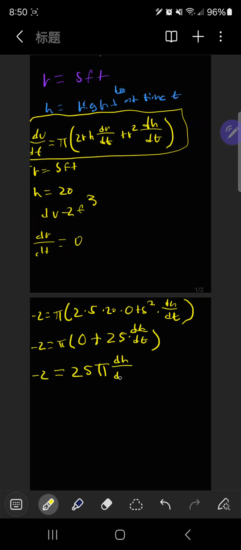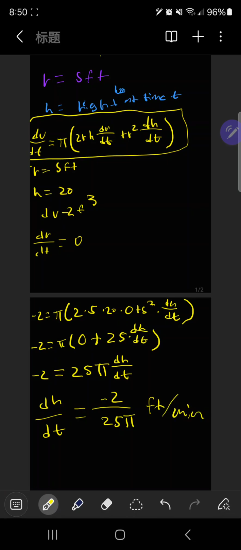A proper way to write it is, if we move it to the other side, dh over dt equals negative 2 over 25 pi feet per minute.